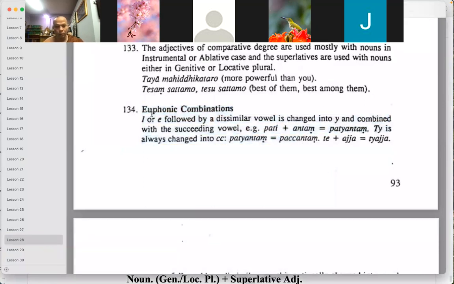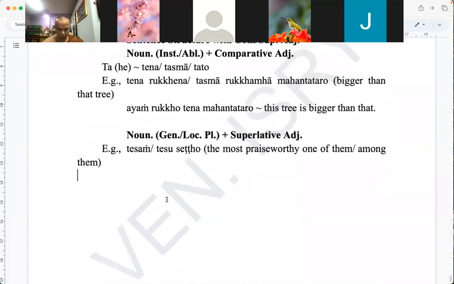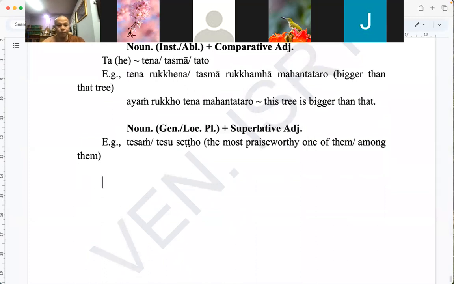So commonly, a formal word ending in E or A, followed by another vowel, at that time those E or A are changed to Ya.